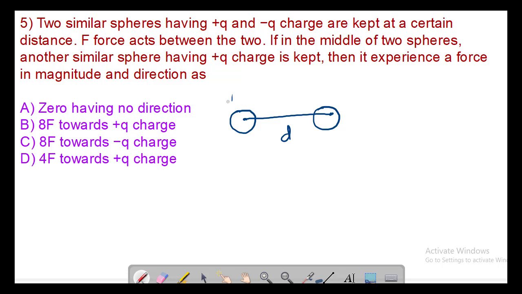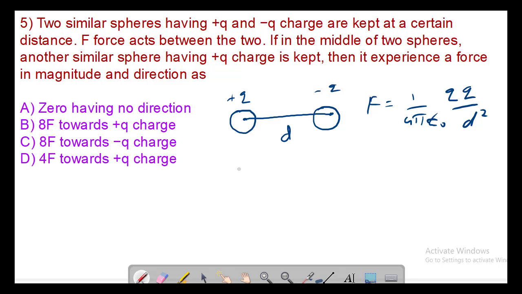The charge is plus q and this is minus q. So the force is an attractive force. So we have 1 upon 4 pi epsilon 0 q square upon d square. We are ignoring the negative sign. Actually a negative sign will come here because it is a force of attraction, but now we are ignoring that sign.